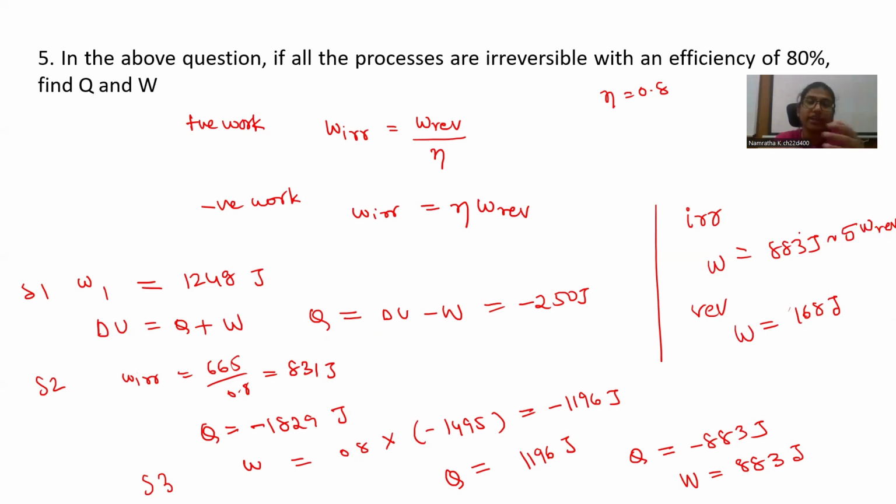Sorry, positive, right? So we are doing 5 times the work which we have to do actually. So in the real system, you can say 80% efficiency is fine, right? But no, it is taking so much more energy as work we are doing. So that's what I wanted to conclude using this question.